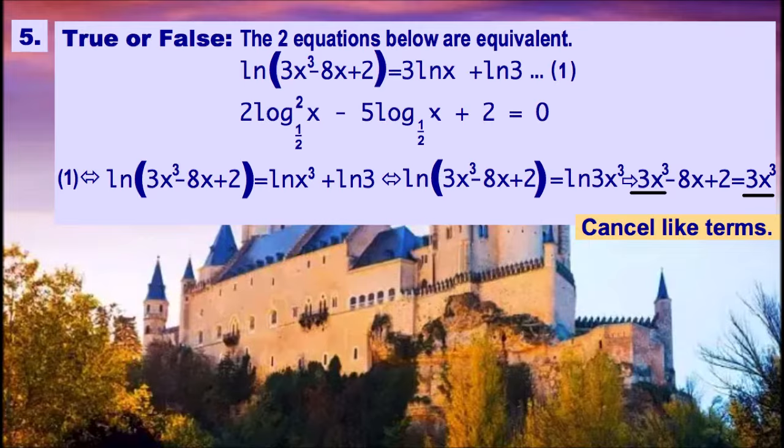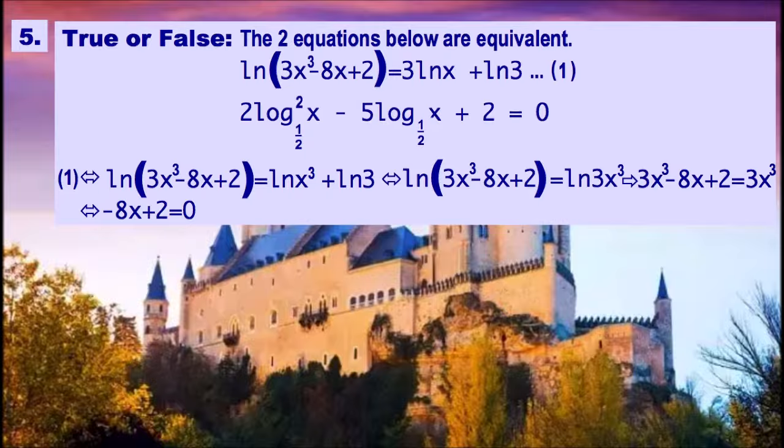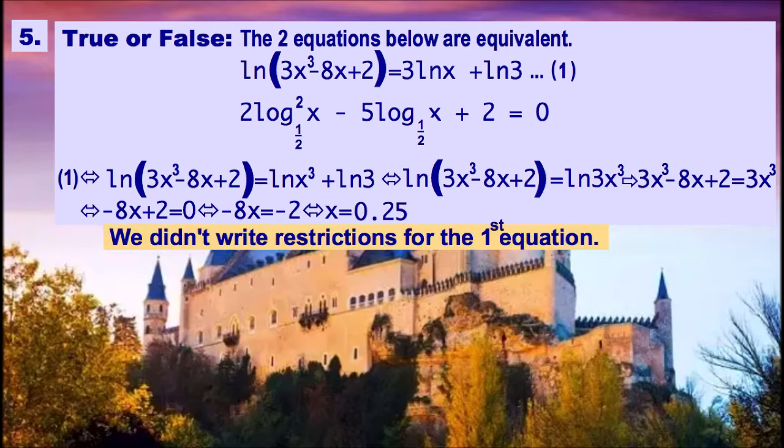Let's cancel our like terms. We cancel those 3x cubes out, and we obtain the equivalent statement negative 8x plus 2 equals 0, which is equivalent to negative 8x equals negative 2, which is equivalent to x equals 0.25.